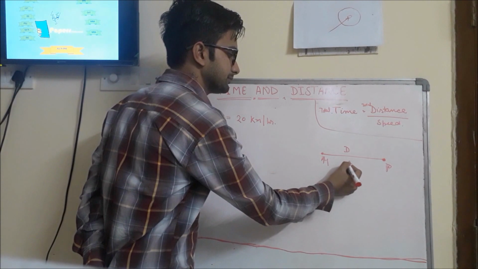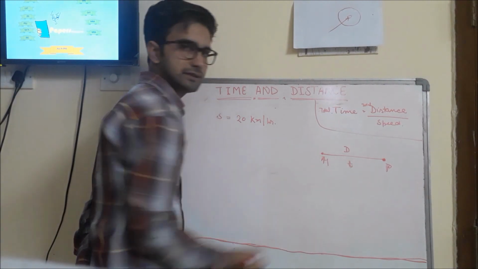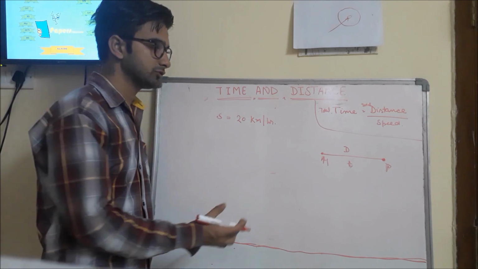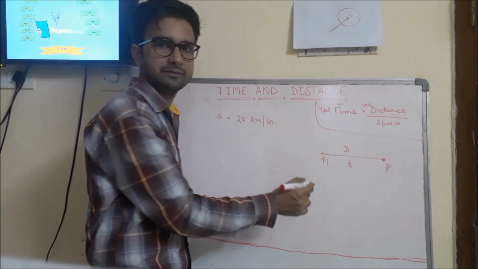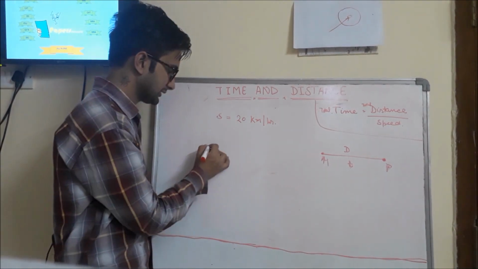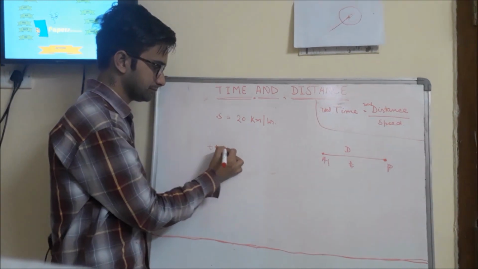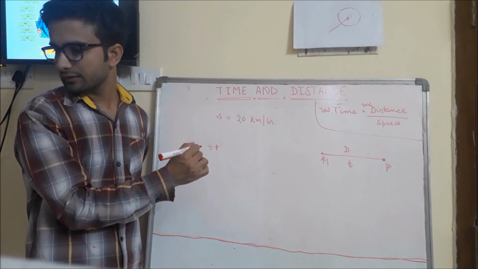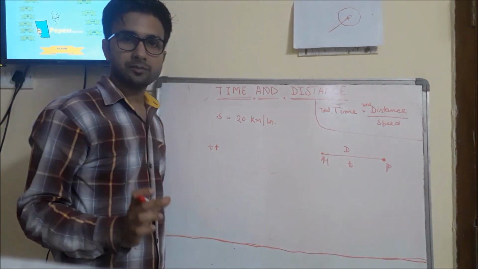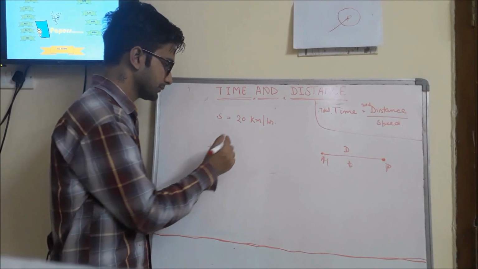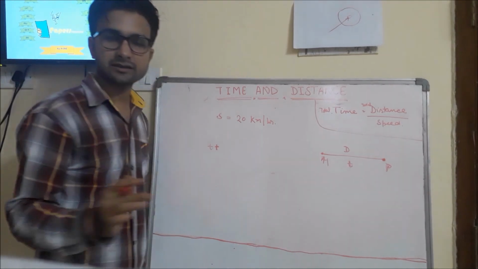Here, because he is late by 10 minutes, it means he has taken more time than usual. Here t is the usual time taken by Ram. So the time is t plus 10 minutes. Before going further, our time is given in minutes.